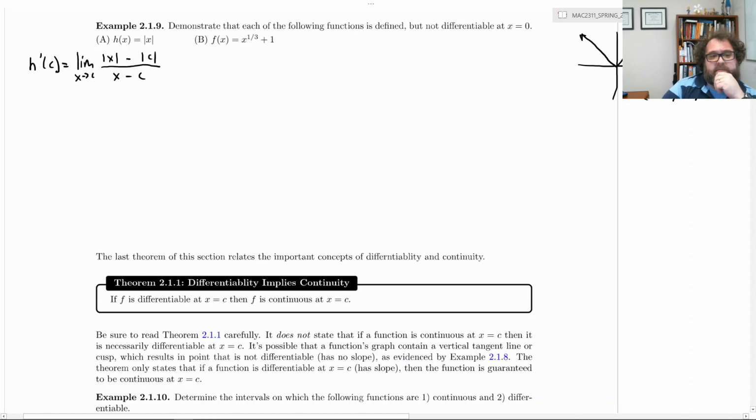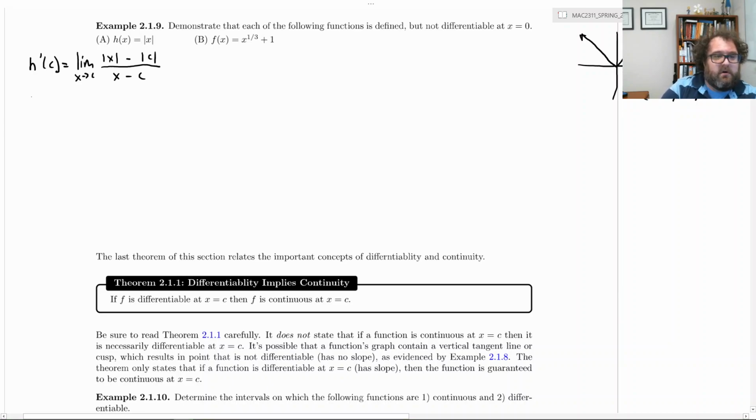If c is positive, I guess there's a couple different cases here. If c is positive, then you can ignore the absolute value of c. And then if x is also positive, then you could ignore the absolute value of x, and then you can do some cancellations and such. But let's consider the specific situation at 0.